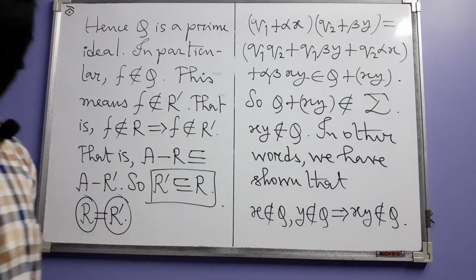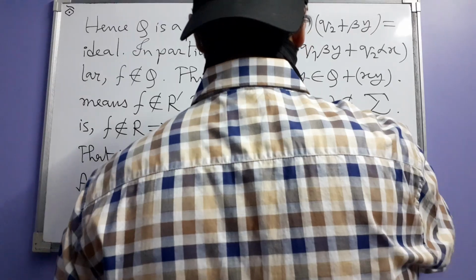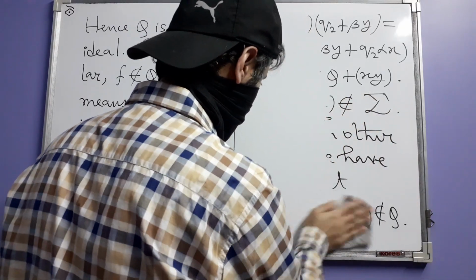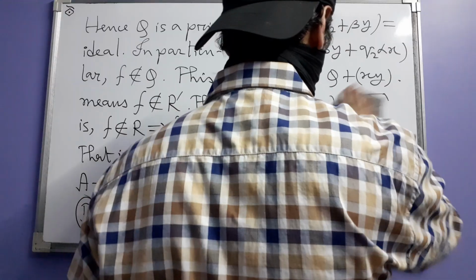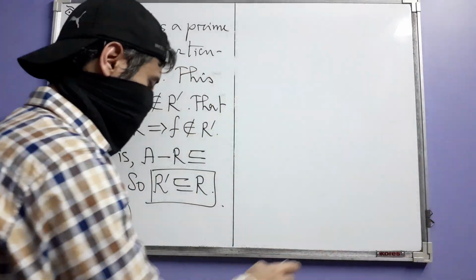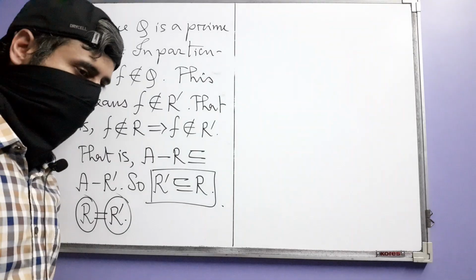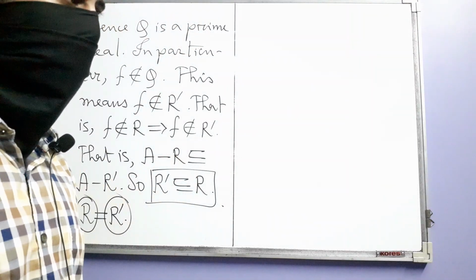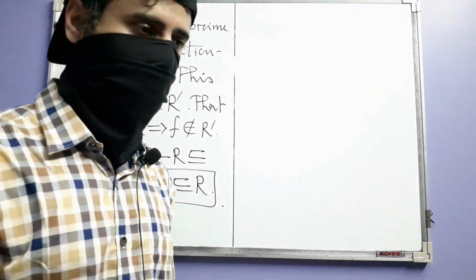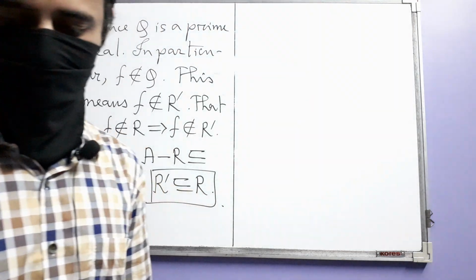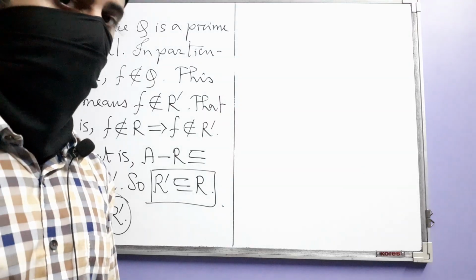And this result motivates us to do something similar with maximal ideals. That is, just like we have considered R prime, we can also consider the intersection of all maximal ideals. If we do so, we obviously again get an ideal, because intersection of any collection of ideals is an ideal, and that ideal is called the Jacobson radical.